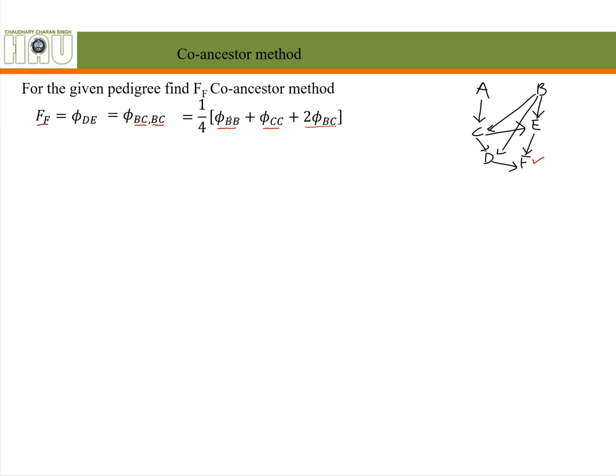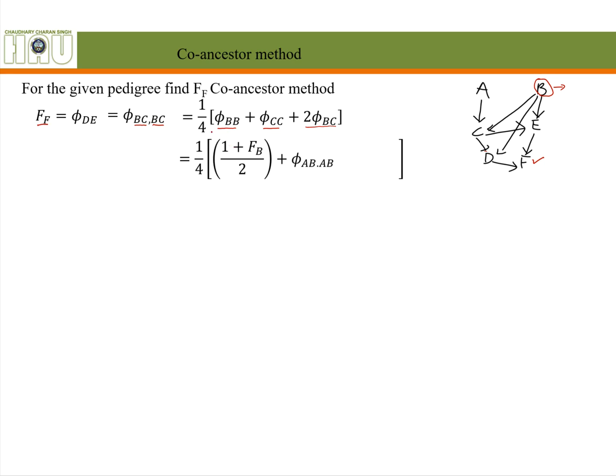Now phi BB: this B has no further information on his parents, and C has two parents, B and A. BC can further be divided into its parents like this.